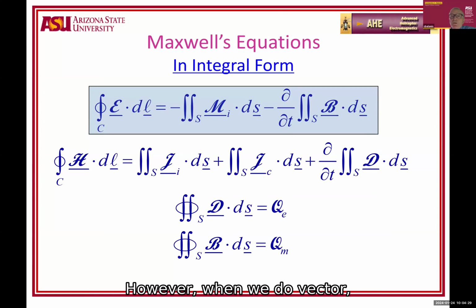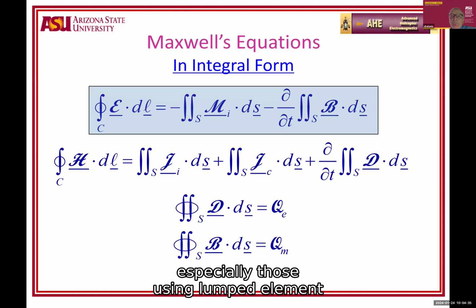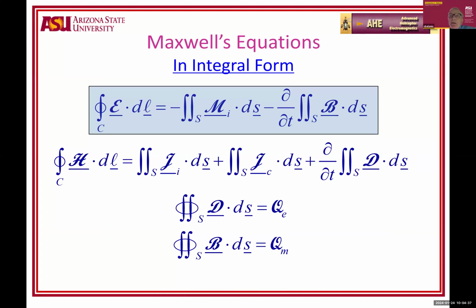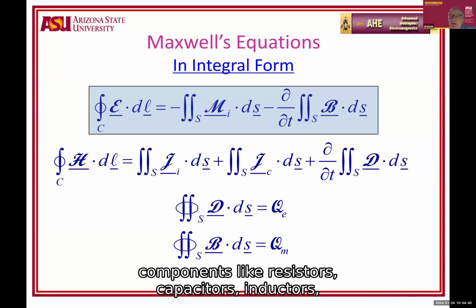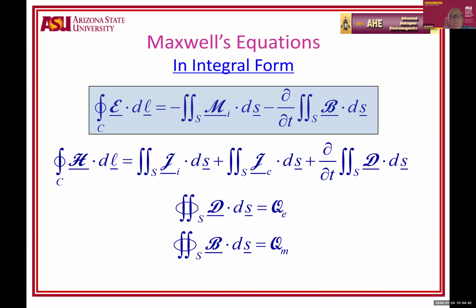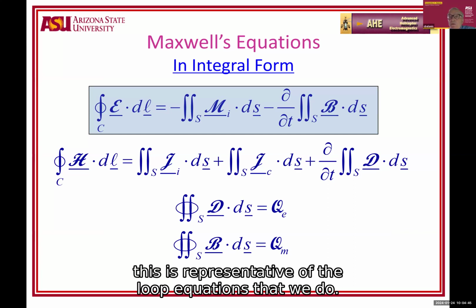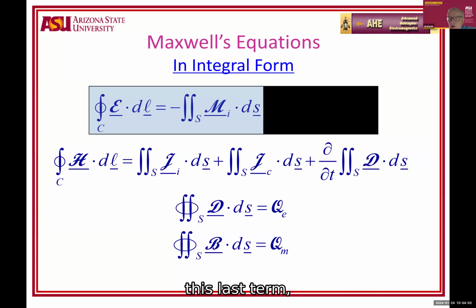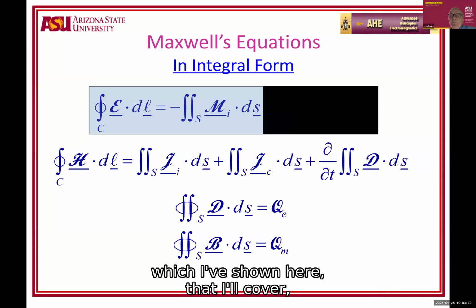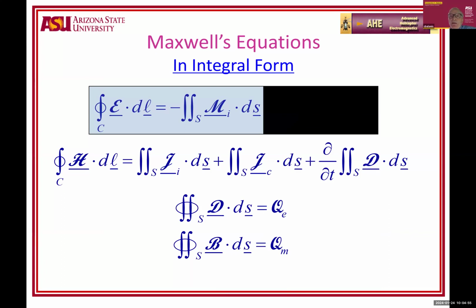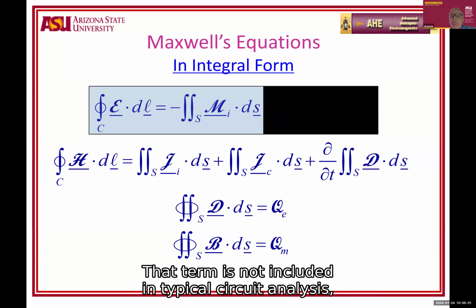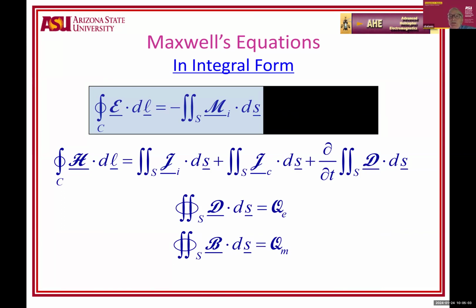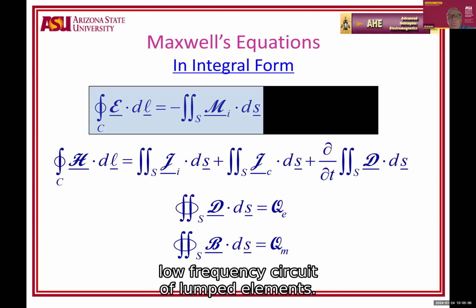However, when we do circuit analysis, especially using lumped element components like resistors, capacitors, inductors, this is representative of the loop equations that we do. However, at low frequencies, this last term, which I've shown here covered, is small, and we do not include that. That term is not included in typical low frequency circuit analysis of lumped elements.